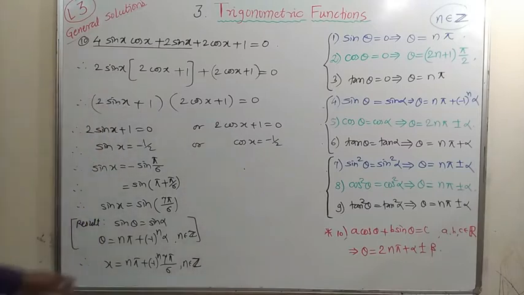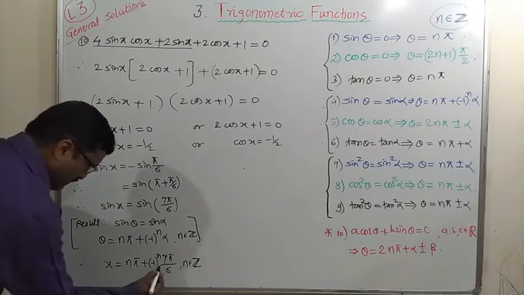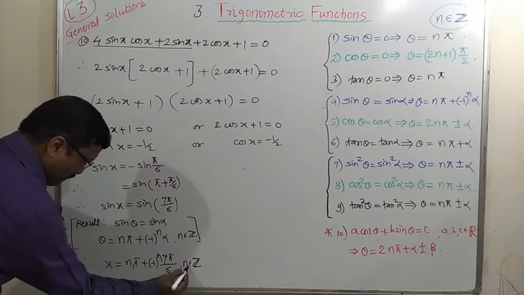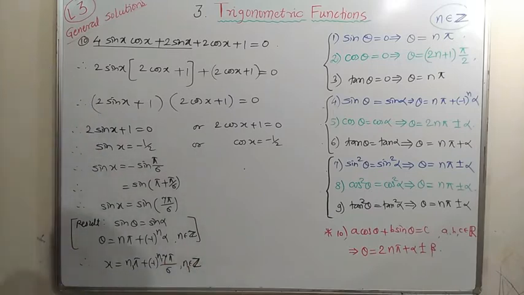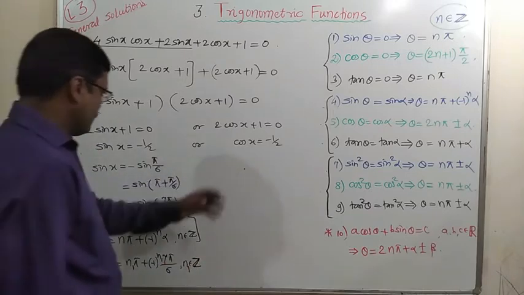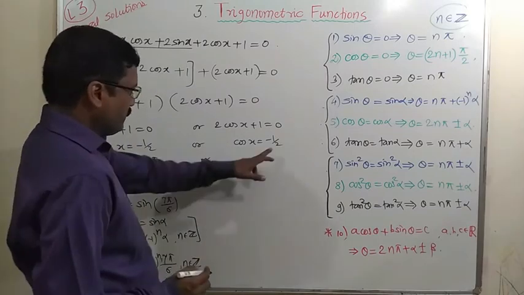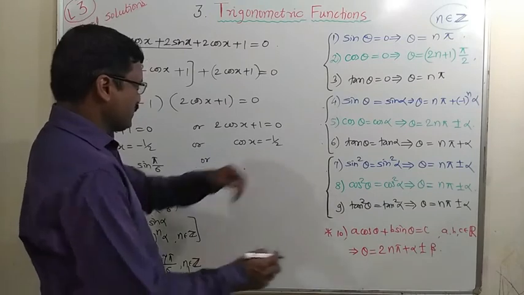Now we have another trigonometric function, that's why we will take n1 here. Okay, let us move towards the second case. Now, similarly, for which angle is the cosine ratio half?